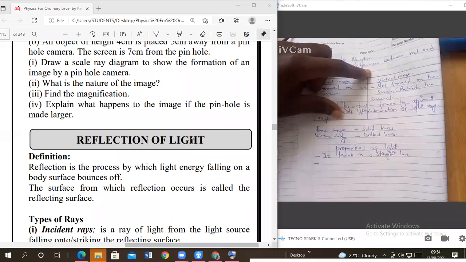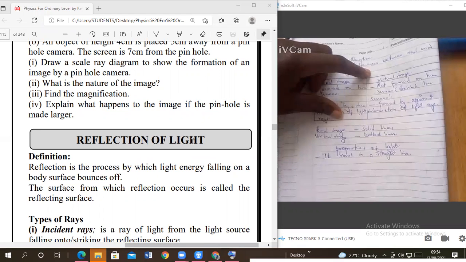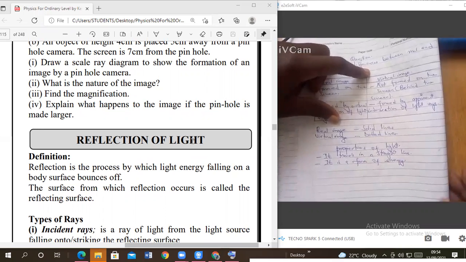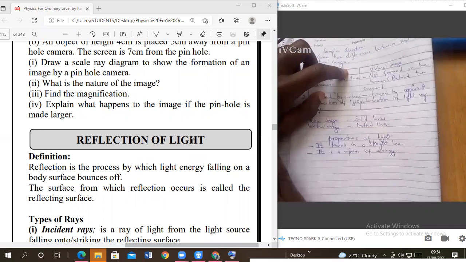What are the properties that define light? One, it travels in a straight line. Someone can say it is a form of energy. Yes, it is a form of energy. We are giving general properties.